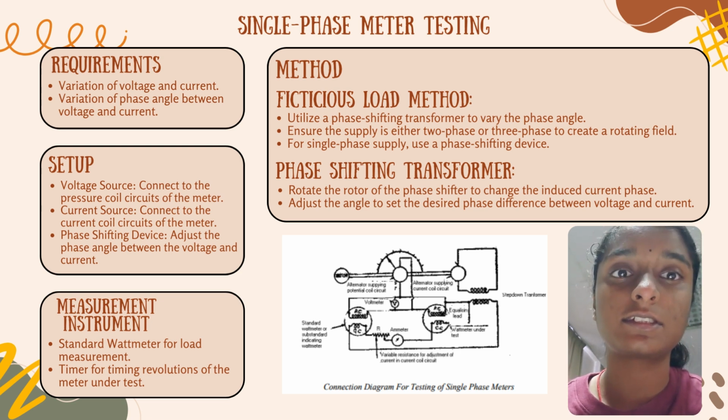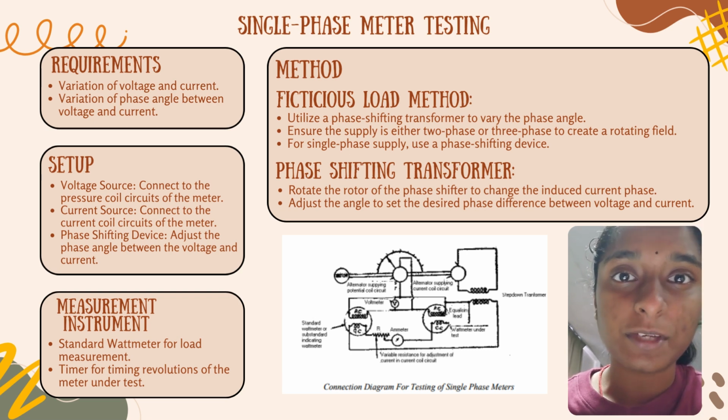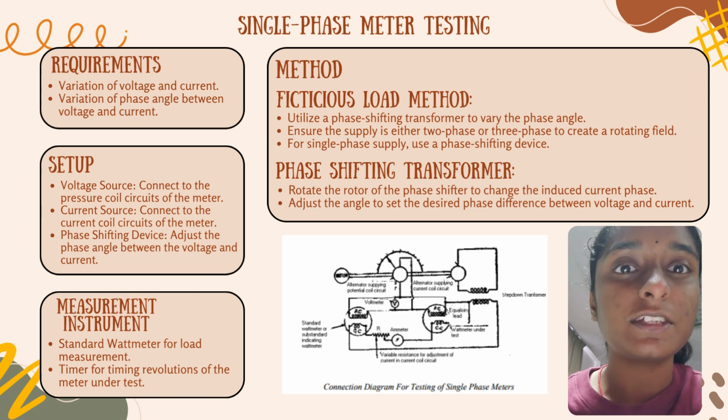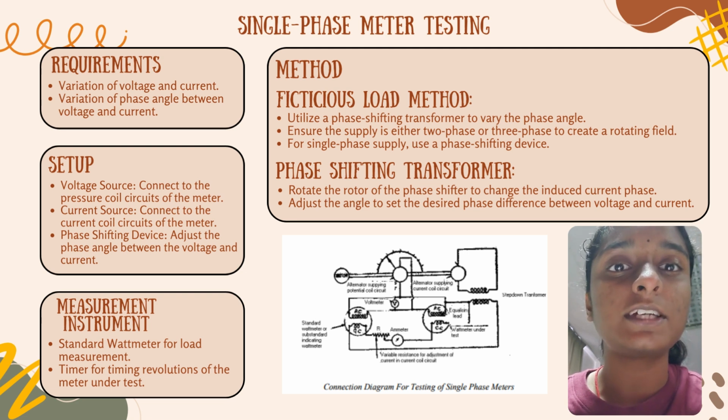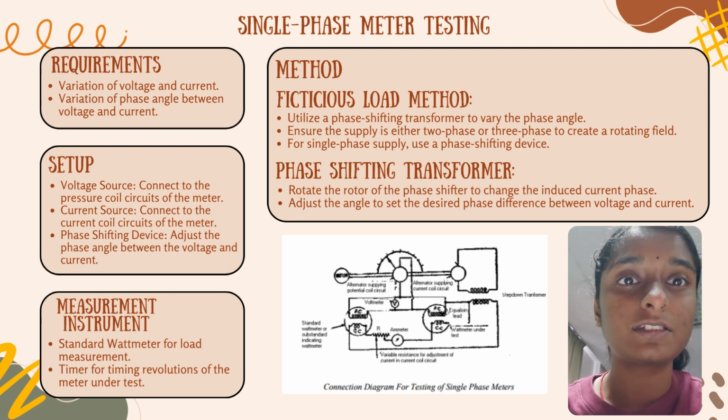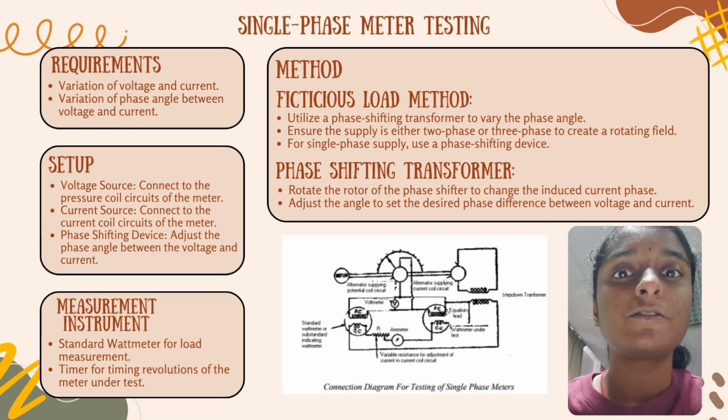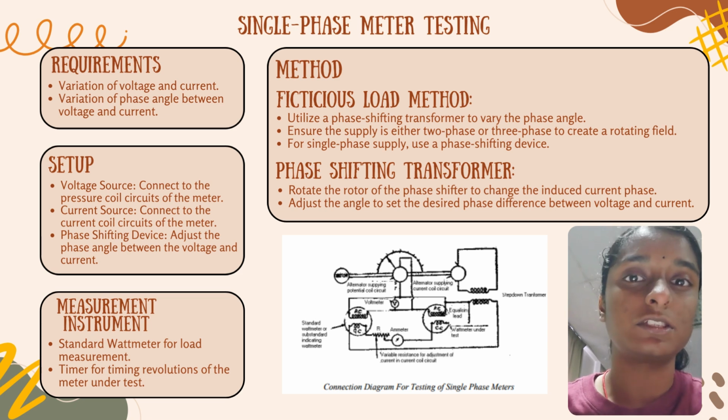The method, for the fictitious load method, utilizes a phase shifting transformer to vary the phase angle. It is ensured that the supply is either 2-phase or 3-phase to create a rotating field. For single phase supply, a single phase shifting device is used.